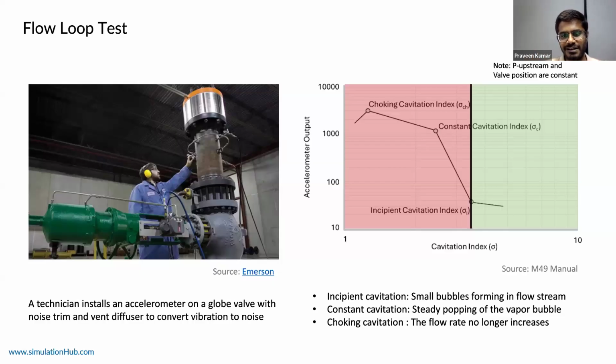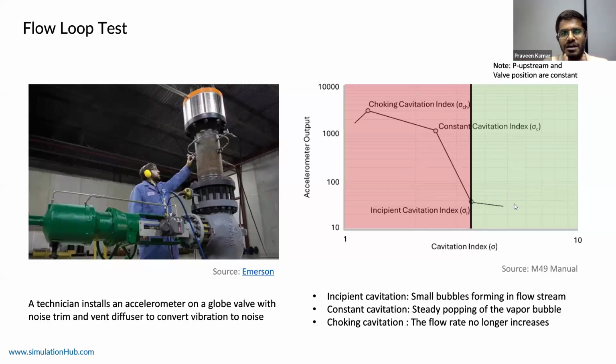So now you calculate the cavitation index for that operating condition, and the closer you go towards the incipient line, that is a problem. So it's reverse: incipient cavitation index should be lesser, that is better. Operating cavitation index should be higher, that is better.